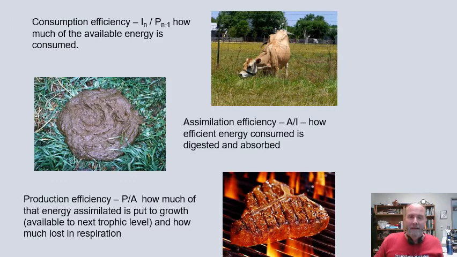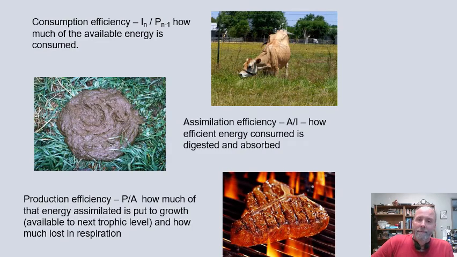Are you able to eat most of all the productivity that's available to you? Okay, and once you've consumed it, okay, your assimilation efficiency. How efficient are you at assimilating the energy that you have ingested? Okay, so how your digestive tract works. How effective is it? How good are you at absorbing those nutrients, that energy?